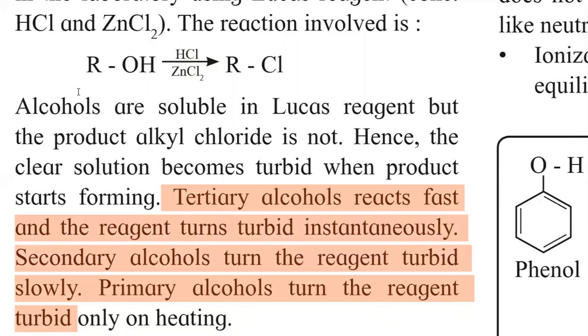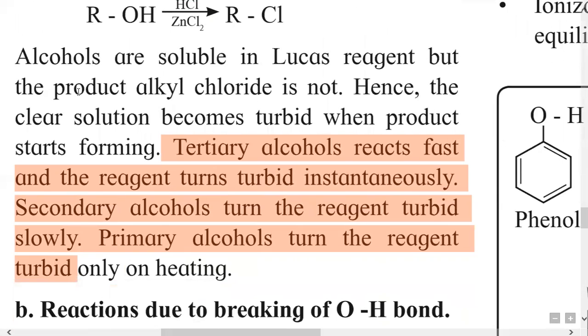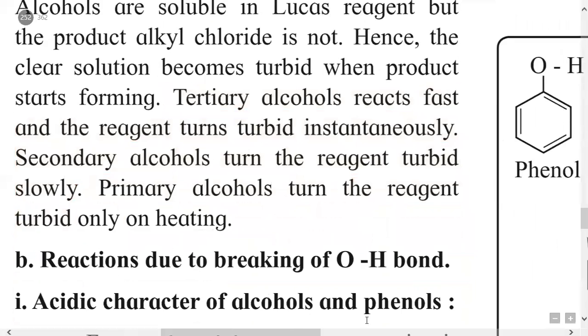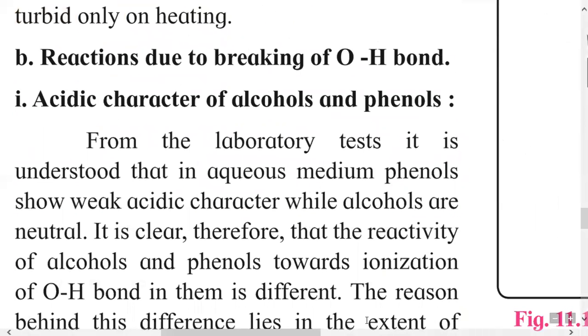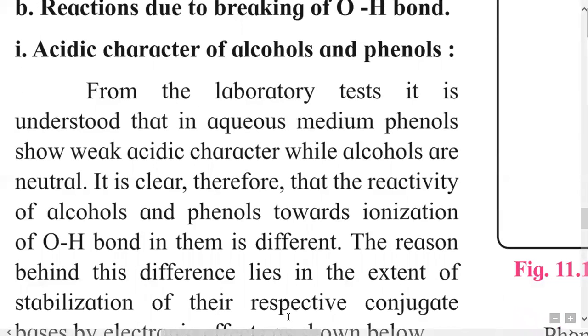All give turbidity, meaning precipitate formation, but the rate of reactivity of tertiary alcohol is greater than secondary alcohol, which is greater than primary alcohol. So we can distinguish primary, secondary and tertiary alcohols on the basis of the rate of reaction. That is a distinguishing test for alcohols.